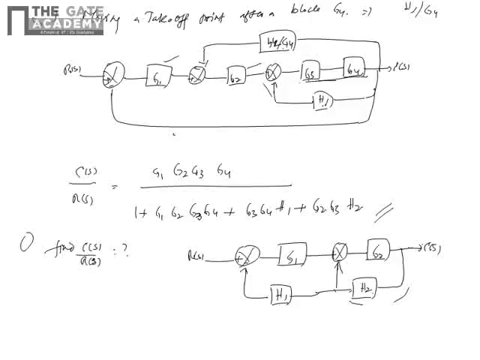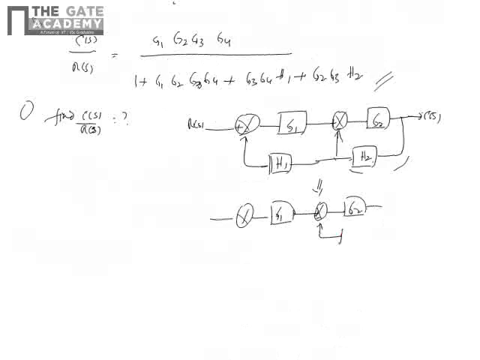Because one more feedback is coming through h1, this can be converted as g1, g2, h2, h1 into h2, Cs by Rs, plus minus, this plus minus.